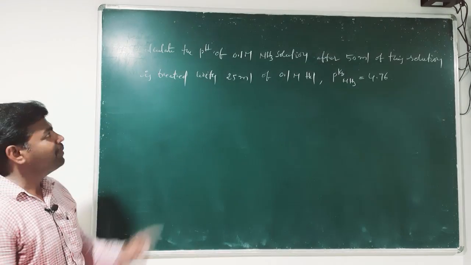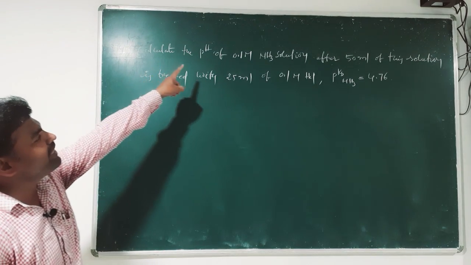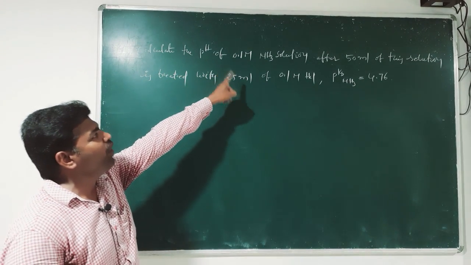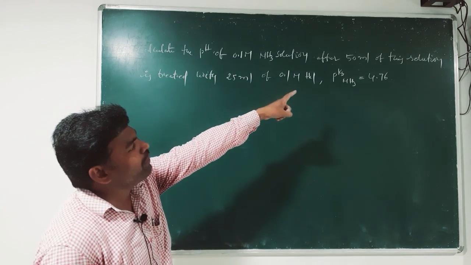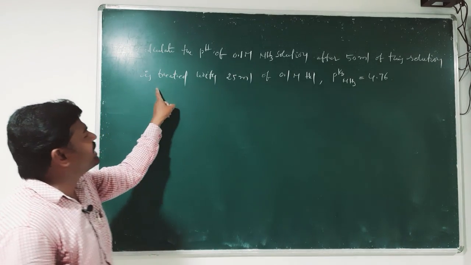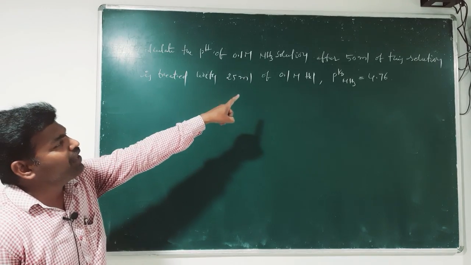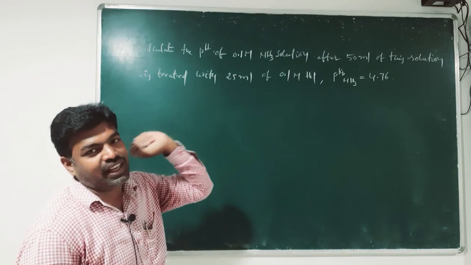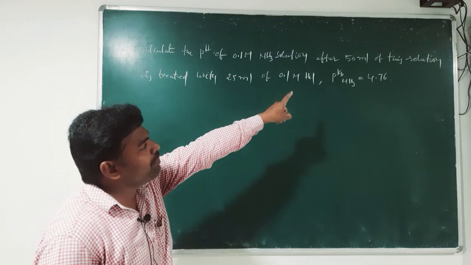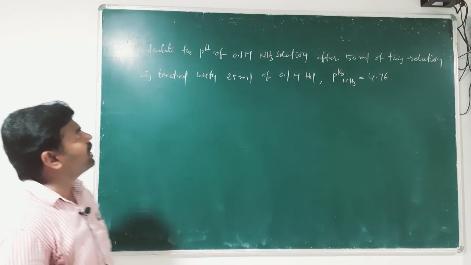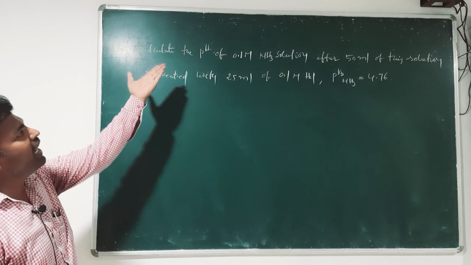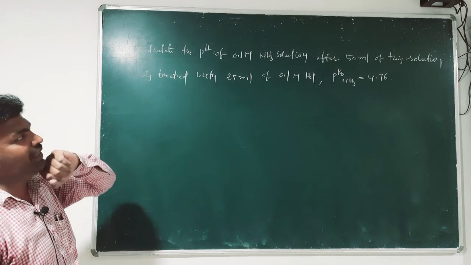Okay, and problem 4 is: calculate the pH of 0.1 molar ammonia solution after 50 ml of this solution is treated with 25 ml of 0.1 molar HCl, and they given that the pKb of ammonia is 4.76. What they ask is to calculate the pH.